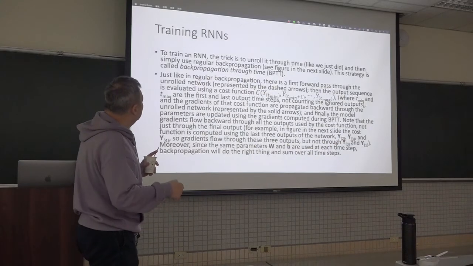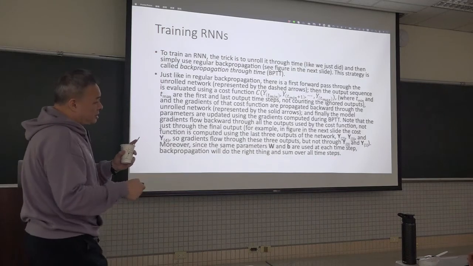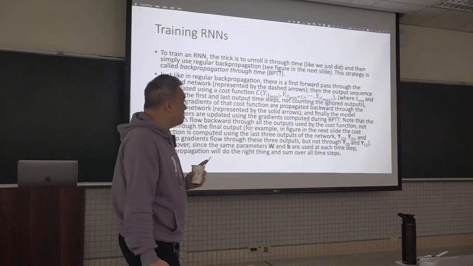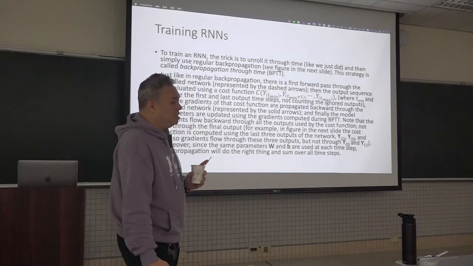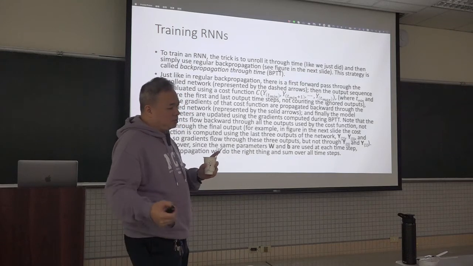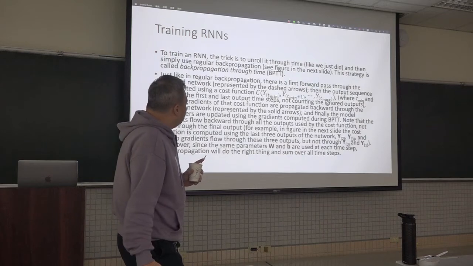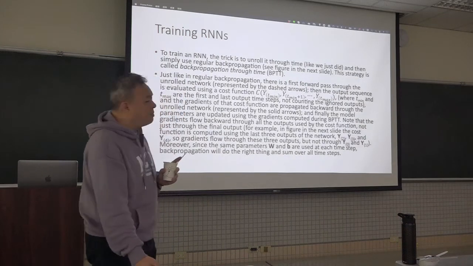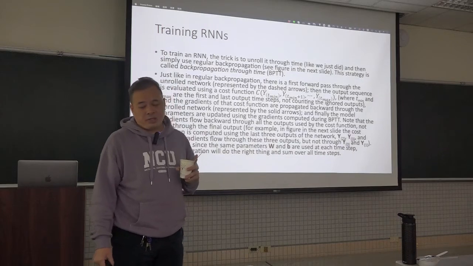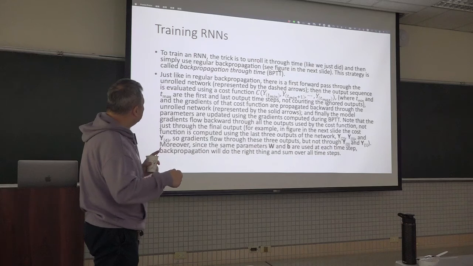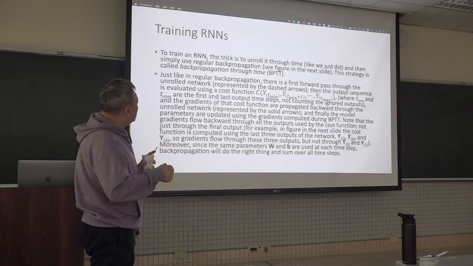First, the training. For the feed-forward type of neural network, even including huge convolutional neural networks, we basically use what we call backpropagation. But in RNN, it's slightly more complicated because the network unrolls through time.